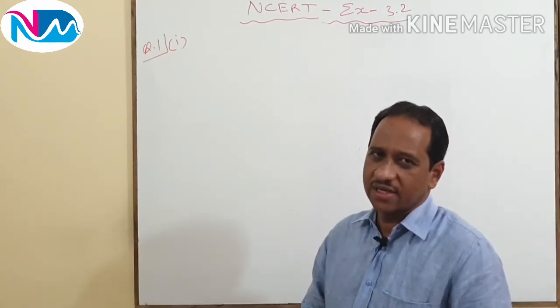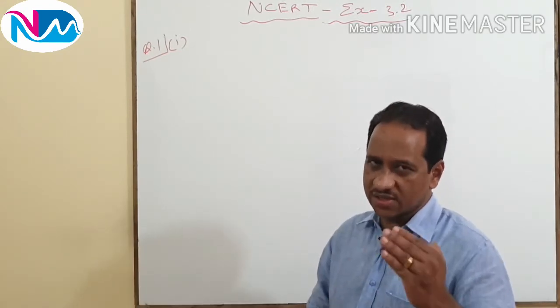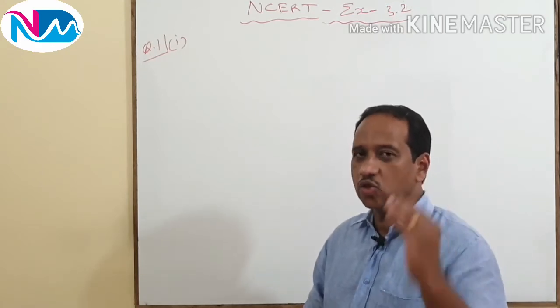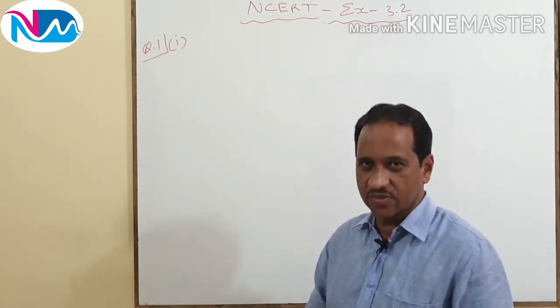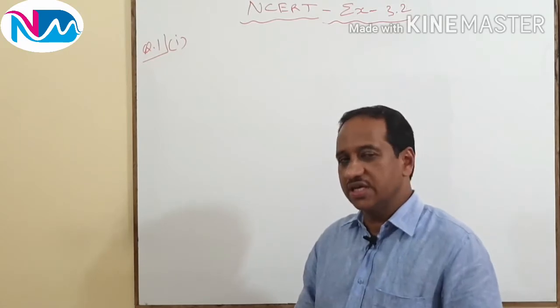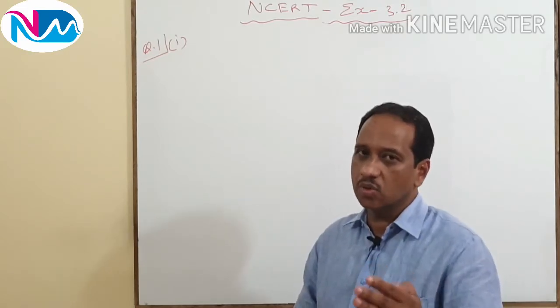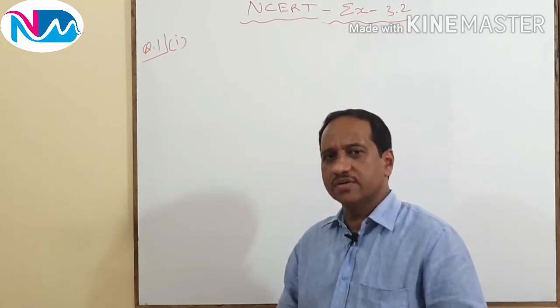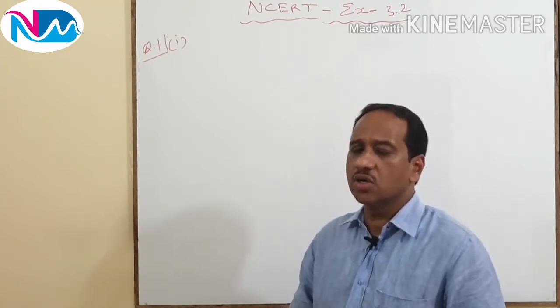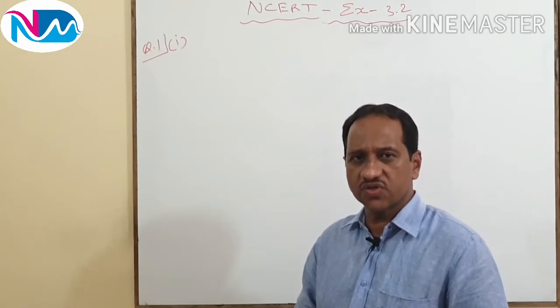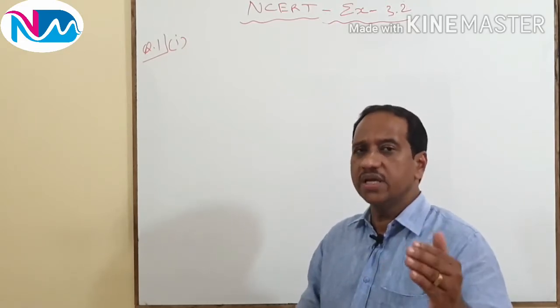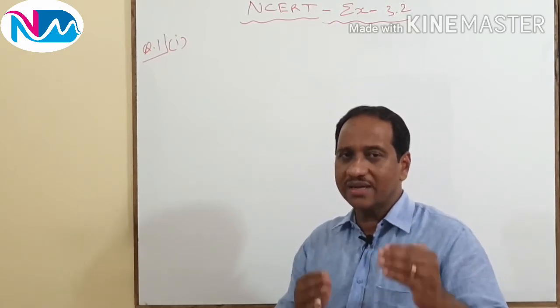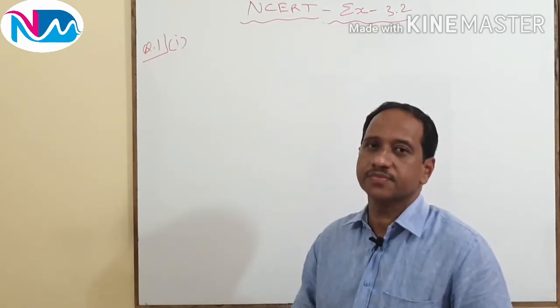According to the question, there are 10 students in the class and they took part in a mathematics quiz. The number of girls is 4 more than the number of boys. Whenever you get a word problem based on a pair of linear equations in two variables, it is very important to read and understand the question.